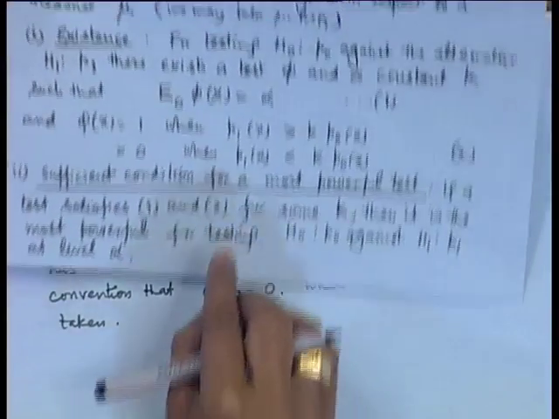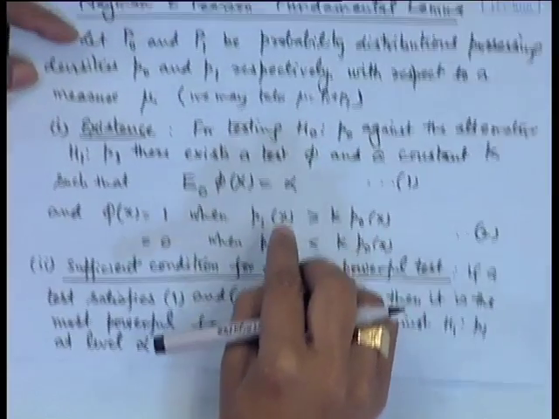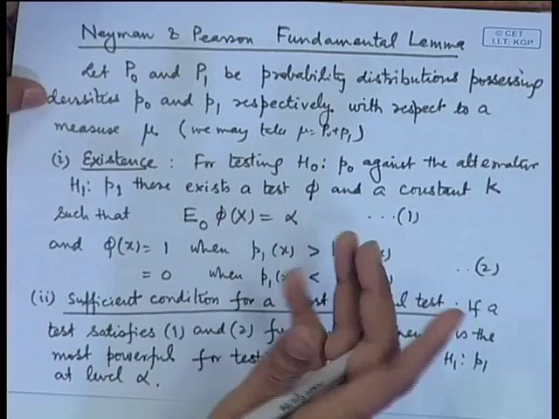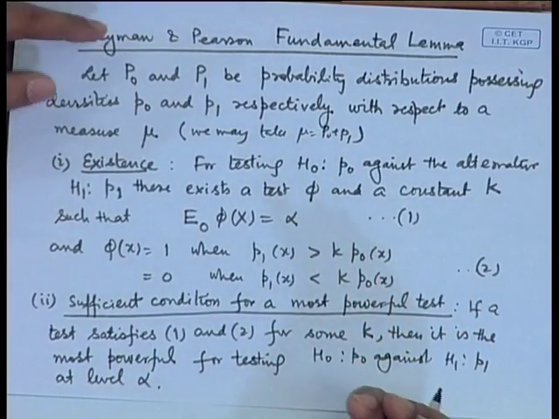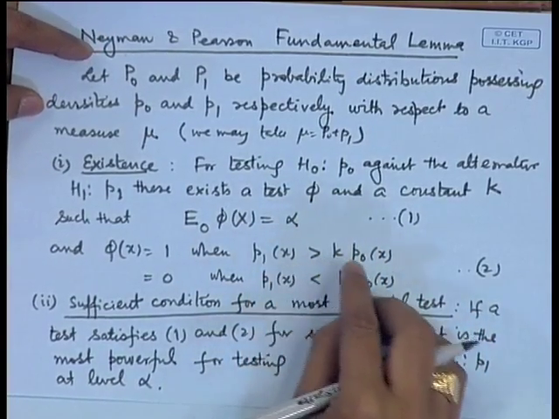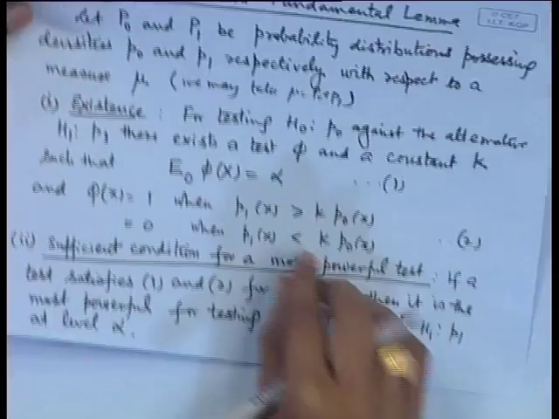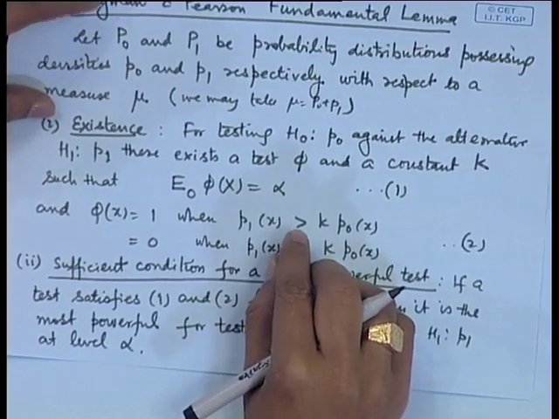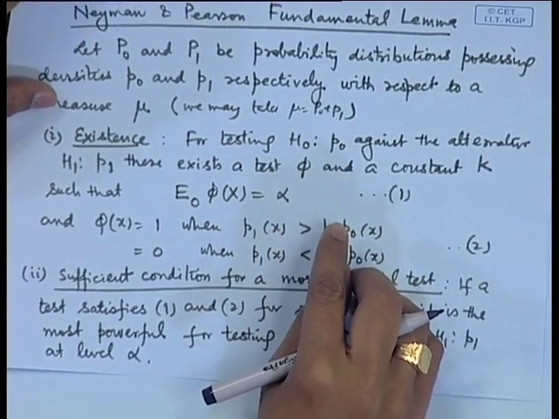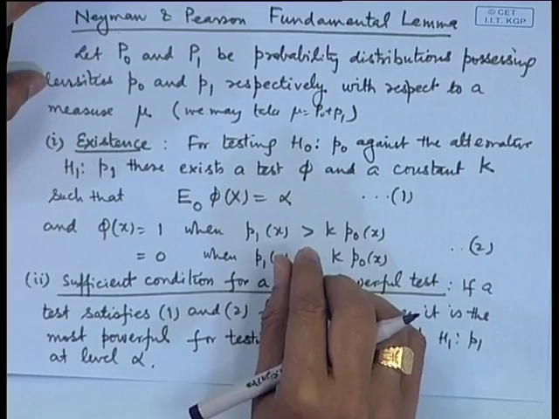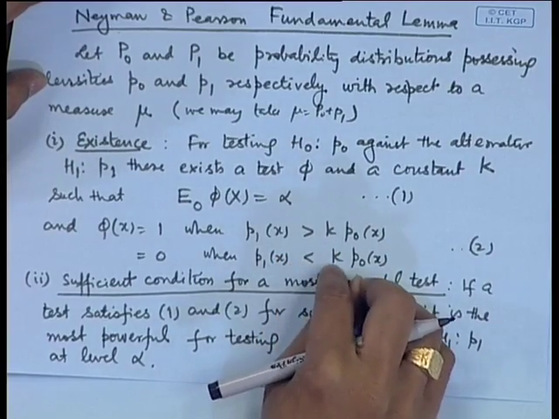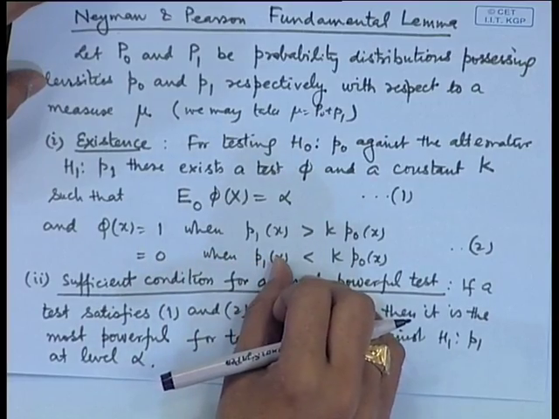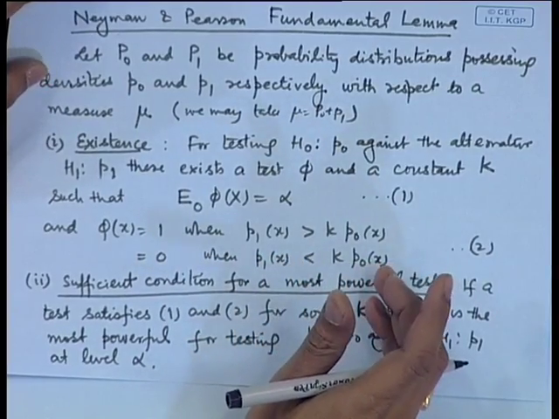So, the probability of type 1 error will become 0. This condition is also satisfied and the whole thing is true, because when you look at the probability of type 2 error, that is the probability of accepting H naught, that will become 1, because you are always accepting. So, the power is 1. So, naturally it is the most powerful test.